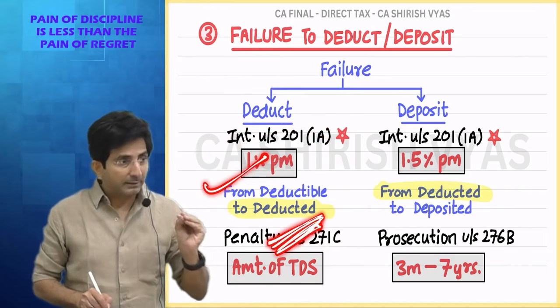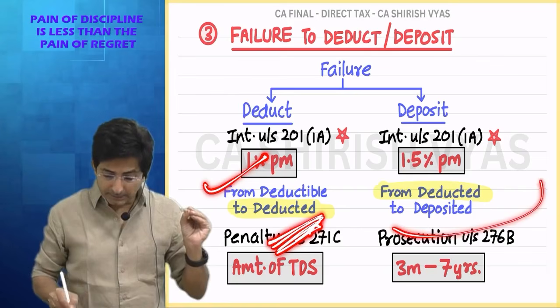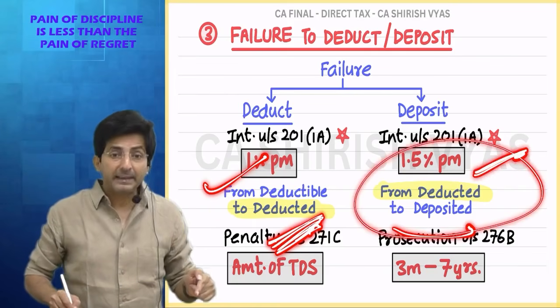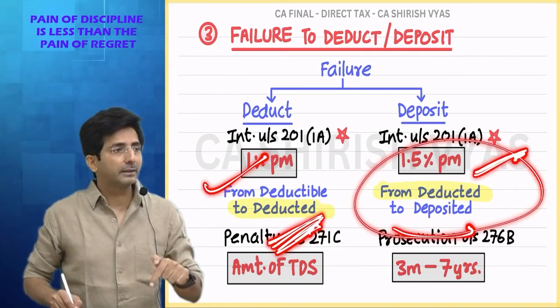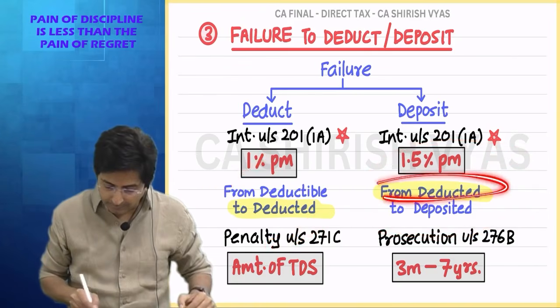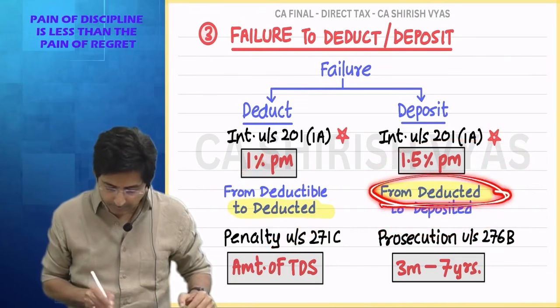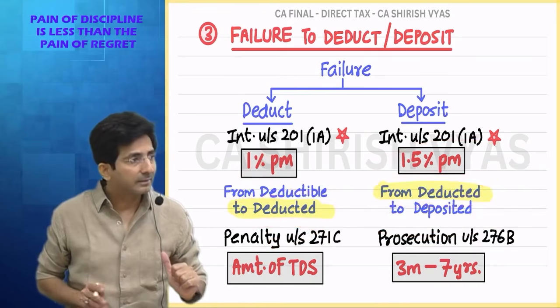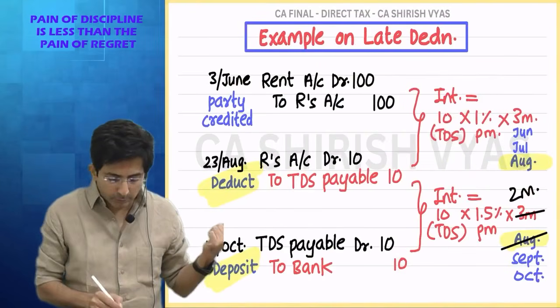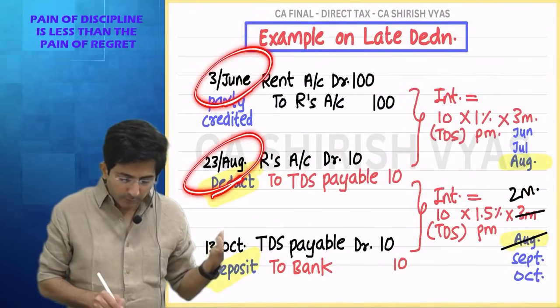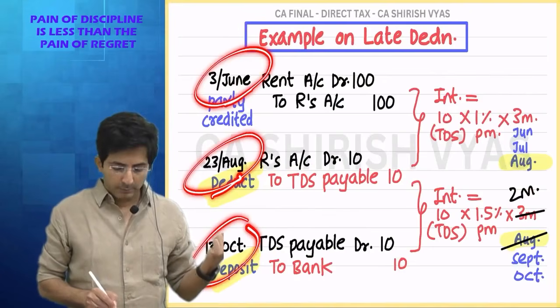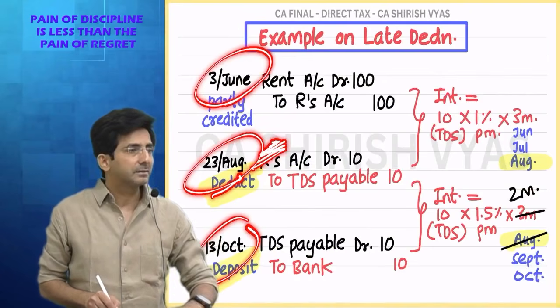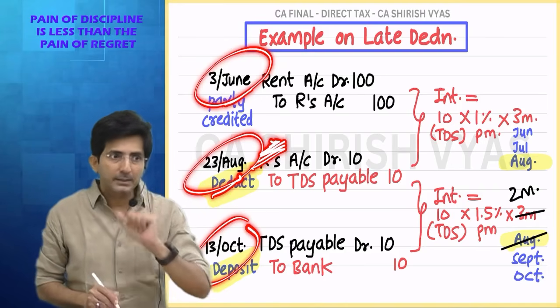So the deducted month is counted here. Then again see here. Date when deducted up to deposited. In the deducted month, see, I have done yellow also. The deducted month is counted twice. Accordingly, in our example also, see, from June to August and from August to October. So August is counted twice. So that's why there is a glitch in the law.